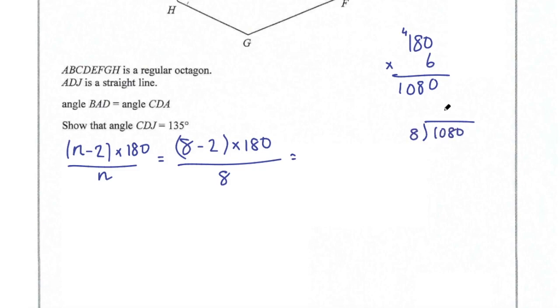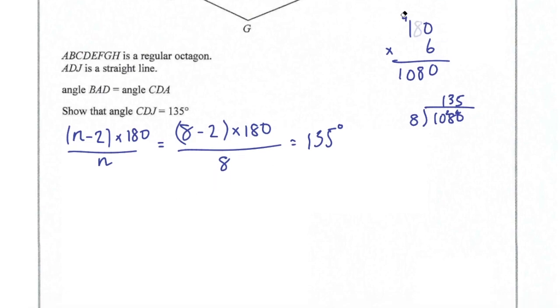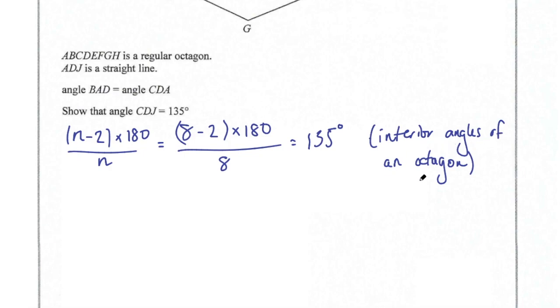So 8 goes into 10 once, carry the 2, 8 into 28, that's 3, carry the 4, and 8 into 40 goes 5 times. So all of this, we've done 6 times 180, which is 1080, divided by 8 is 135 degrees. And that's the interior angle of an octagon. Sorry, interior angles of an octagon, not a polygon.